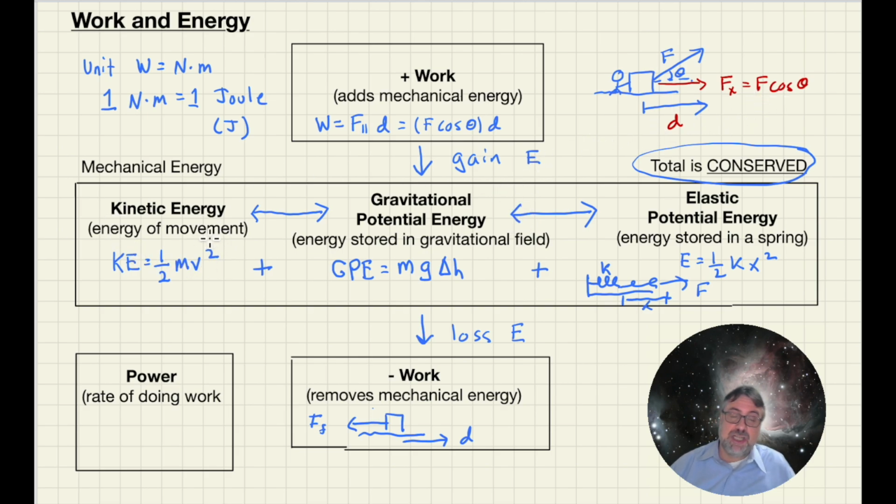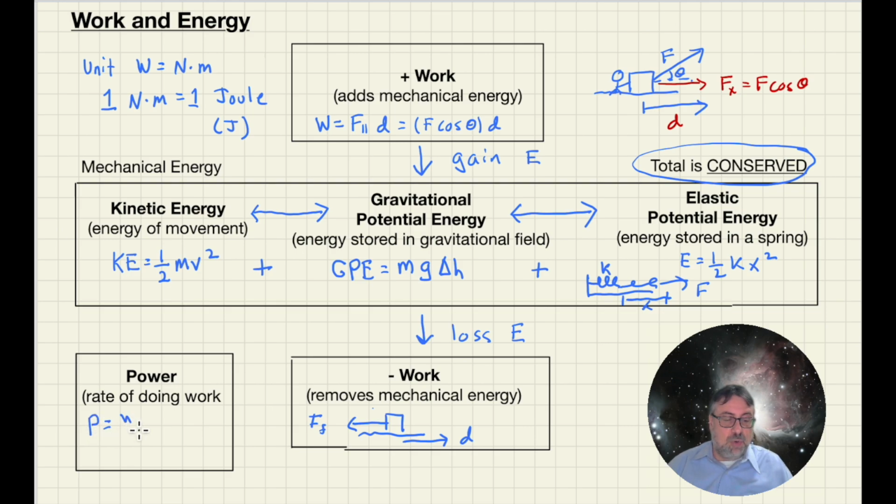That mechanical energy can be in the form of kinetic, gravitational, elastic, and once you give an object energy, it holds that energy unless something like friction or another force is opposing that movement, which would take away energy.